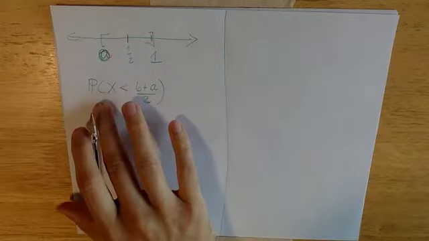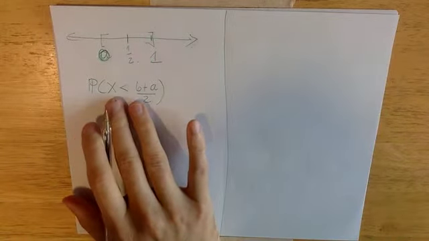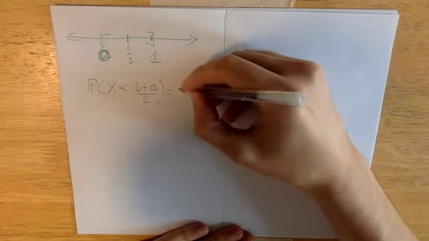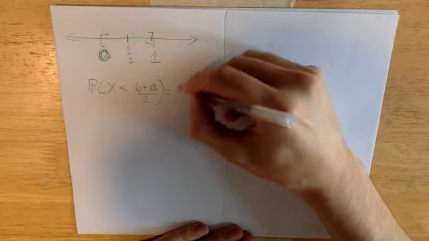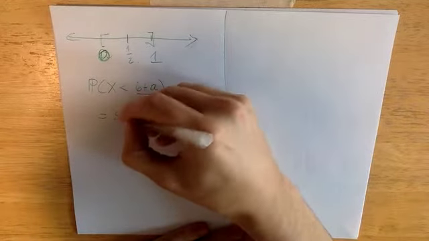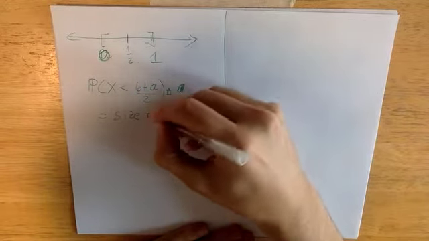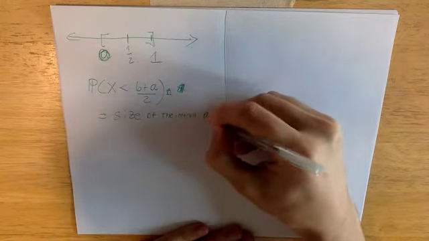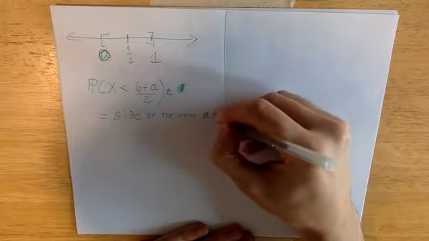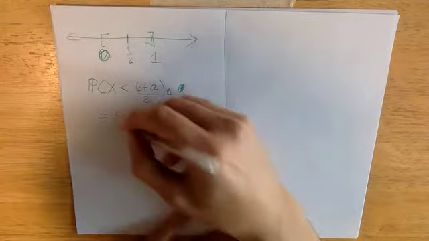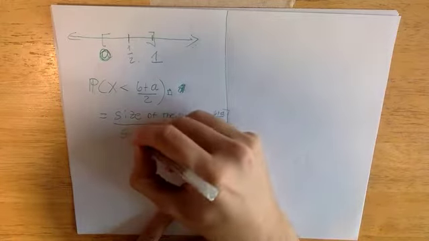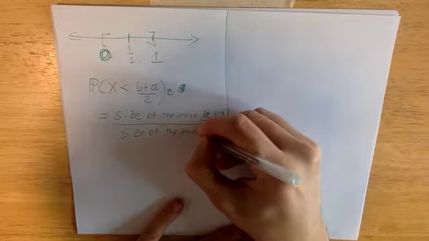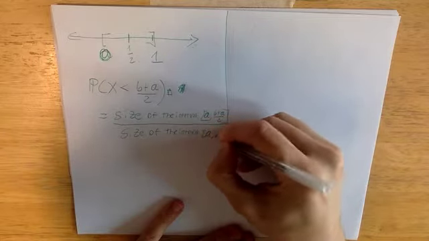Okay, so the probability that X is less than (b plus a) over 2 is going to be the size of the interval from a to (b plus a) over 2, over the size of the interval AB.